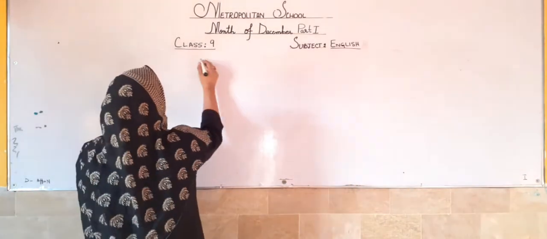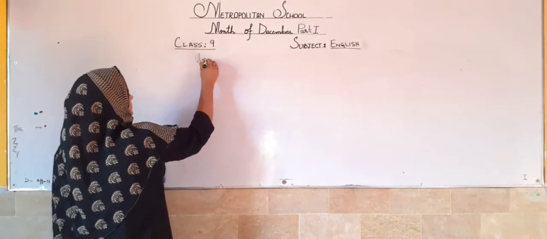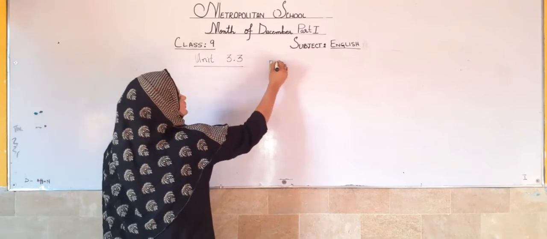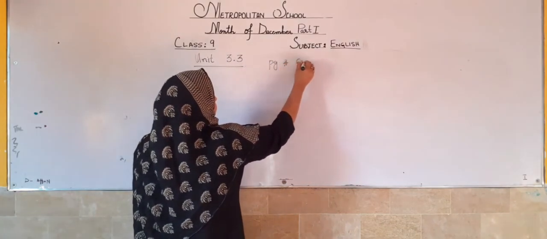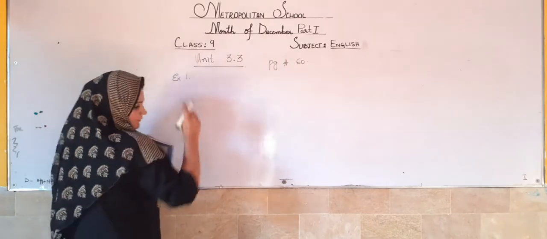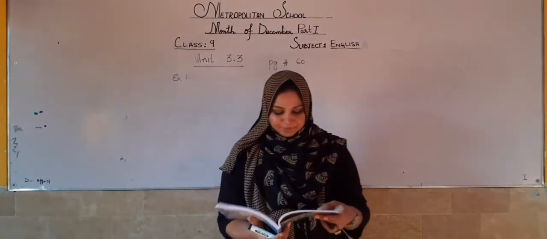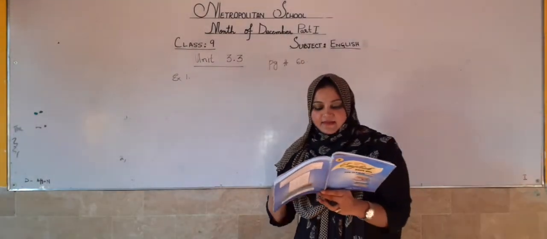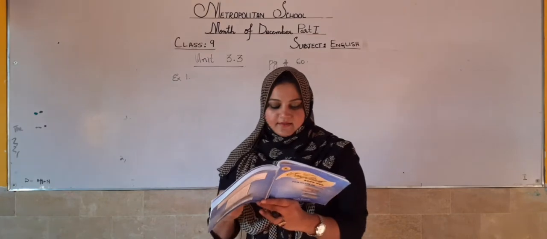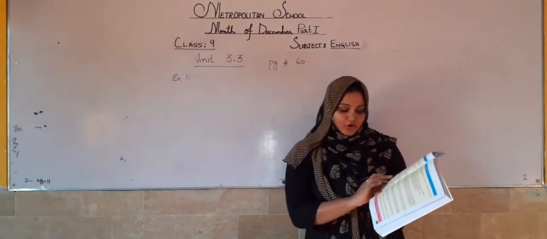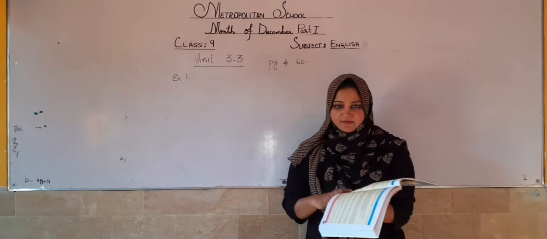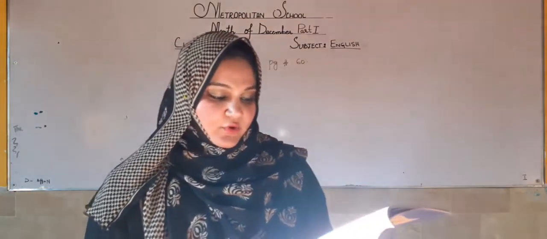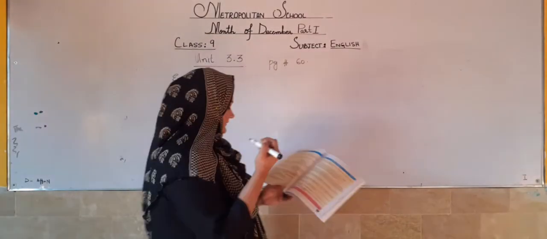Unit 3.3, and page number is 60. Exercise number 1. I am going to read the question for you. Below is a list of sentences. Against each one, write what type of sentence it is. Here, if you can see in your books, we have 8 sentences in exercise number 1, and we have to change the form.